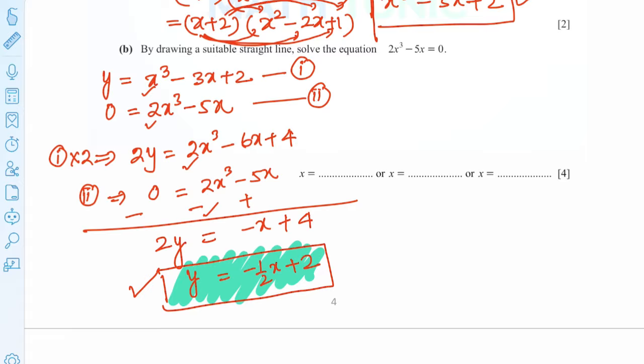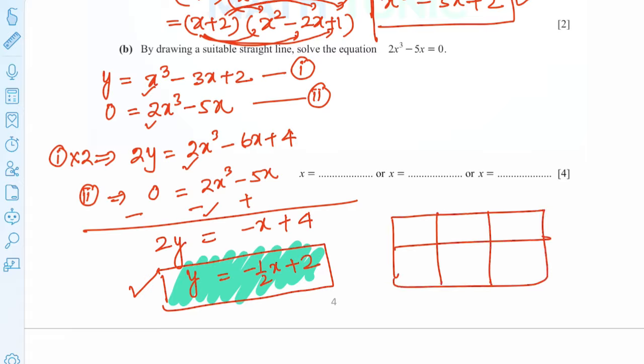To draw this, I should know the coordinates. So take any values of x, at least 2 values of x and y. For example, if I put x equals 0, y equals minus half times 0 plus 2, so I'm getting 2 here. Do you understand what I'm trying to say? Listen, I'm telling you again. y equals minus half x plus 2.